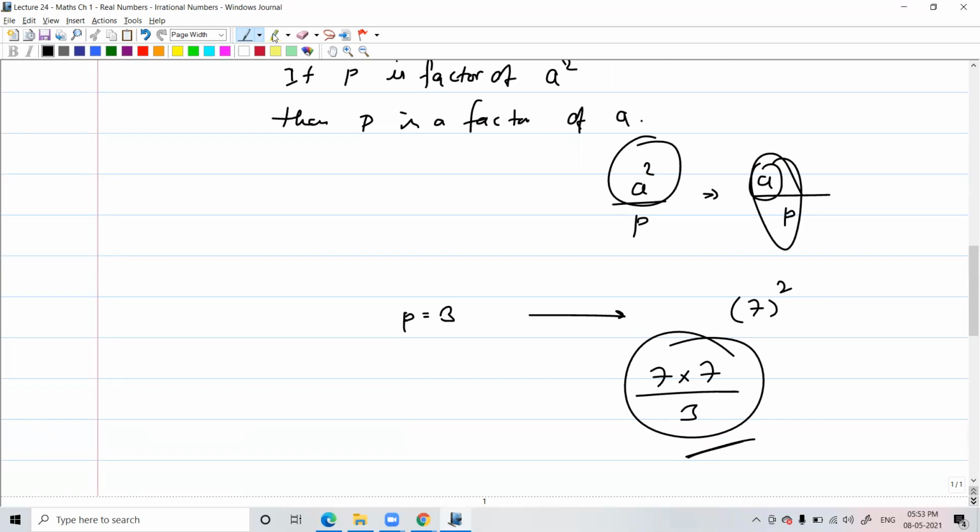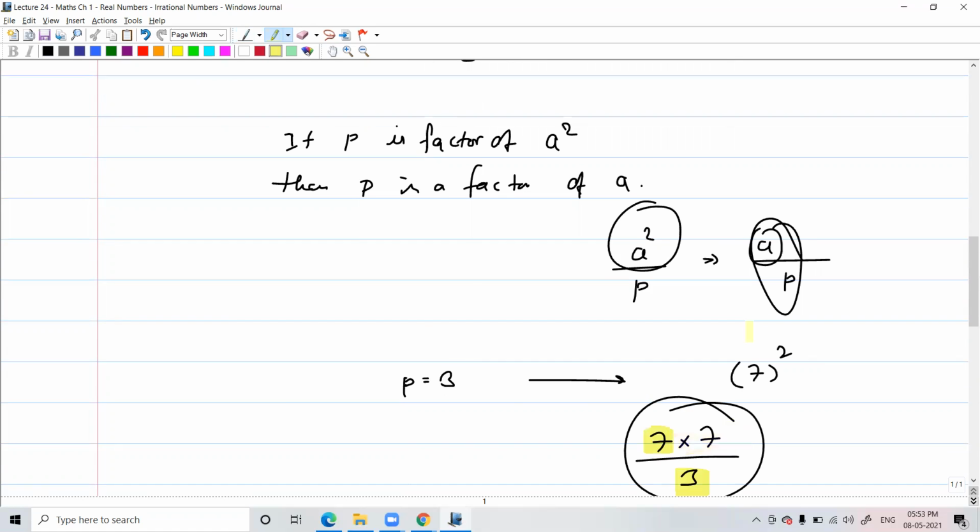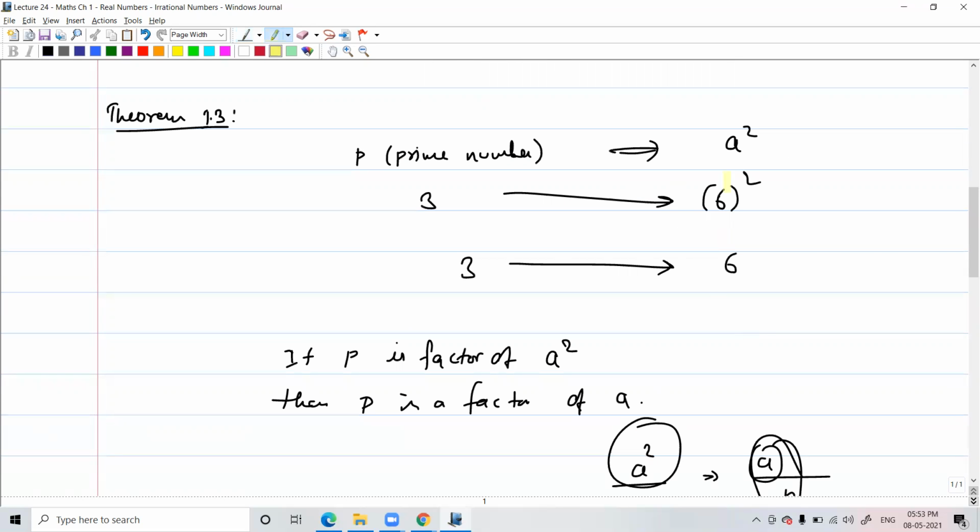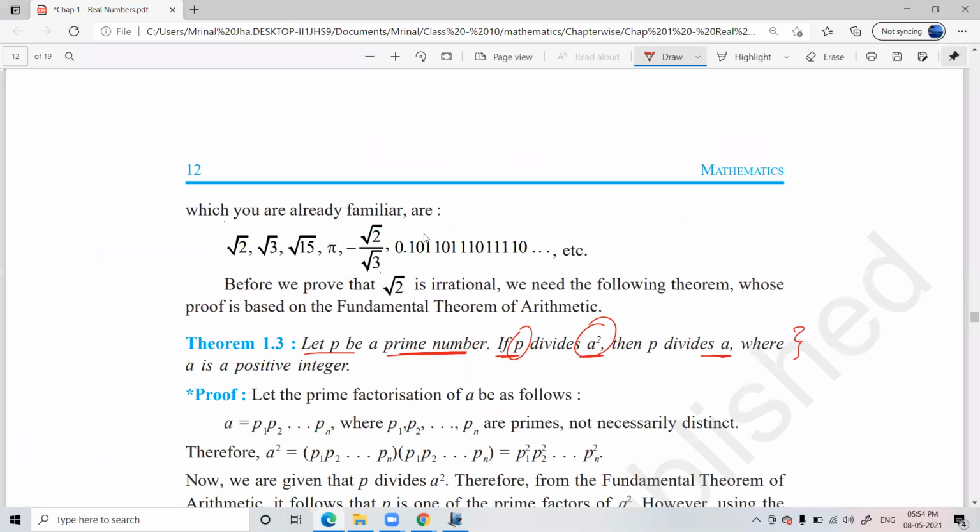So that same logic you have to apply. If A is divisible, only then A square will be divisible by P. Does that make sense? Or did I go too fast? Tell me, guys. Maybe read through this again once more.